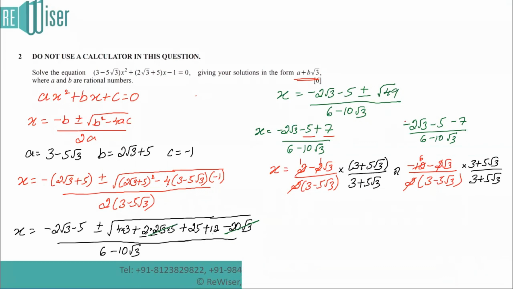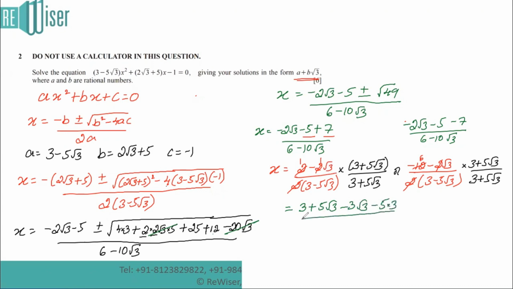Now, when I think about simplifying this further, it would go something like this. So x would be equal to, in the numerator, 1 minus root 3 times that. First of all, I'll multiply 1 to each: 1 times 3 would be 3, plus 1 times 5 root 3 would be 5 root 3. Then minus root 3 times 3 would be minus 3 root 3. Then minus root 3 times 5 root 3 would be minus 5 times root 3 times root 3, which is 3.